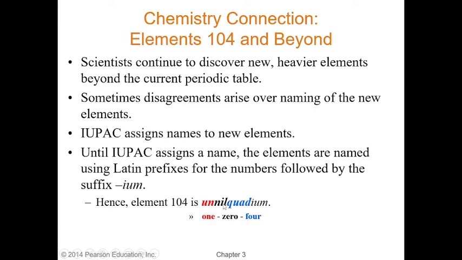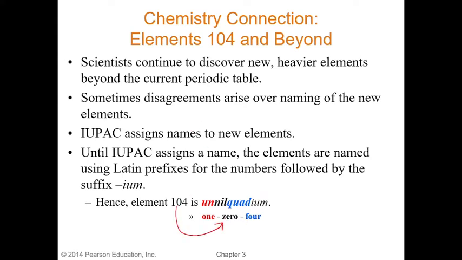Yung mga words kasi dito, these are derived from Latin. So, for example, un means one, nil is zero in Latin, and then quad, diba? Quadrangle, quadrilateral. So, when you have a prefix na quad, it means 4. So, the unilquad dyan, it means 104.